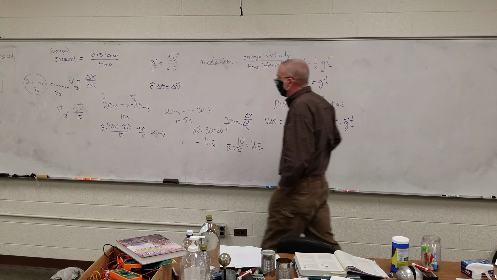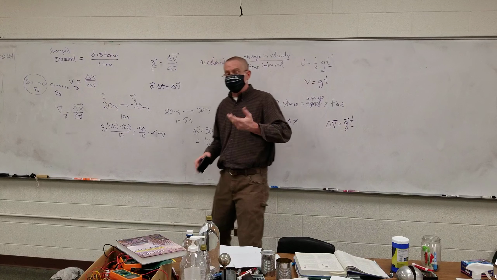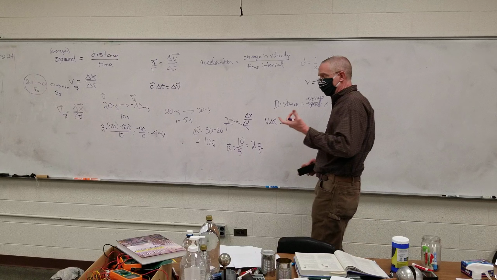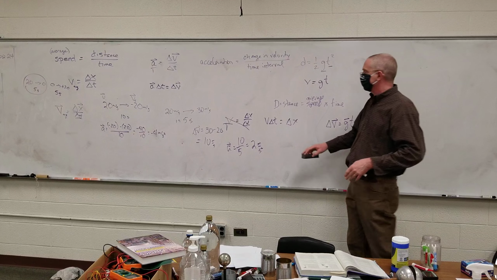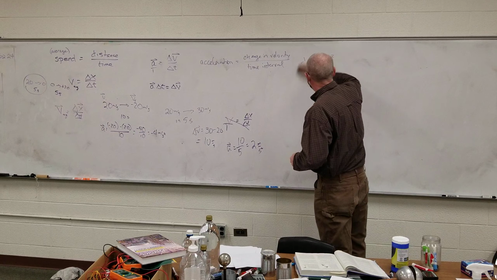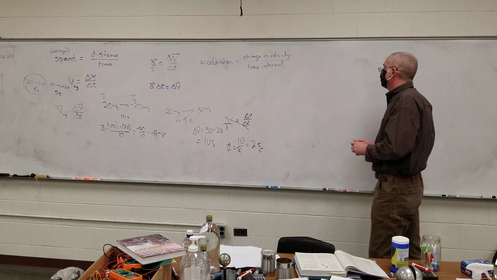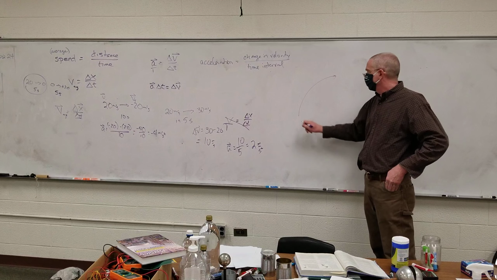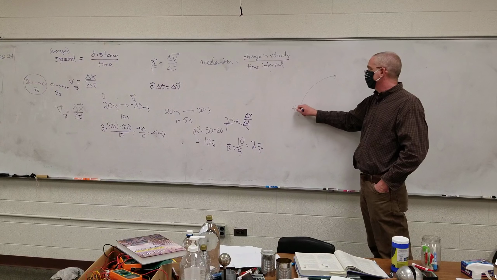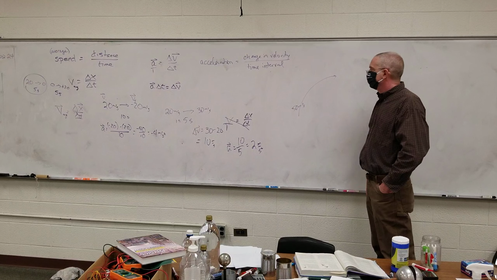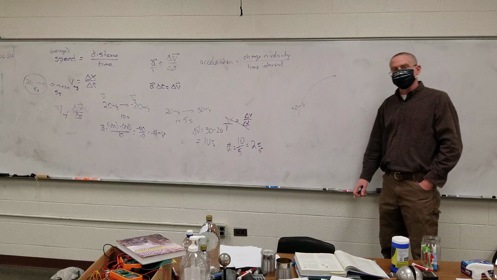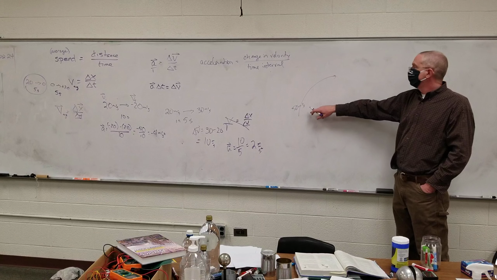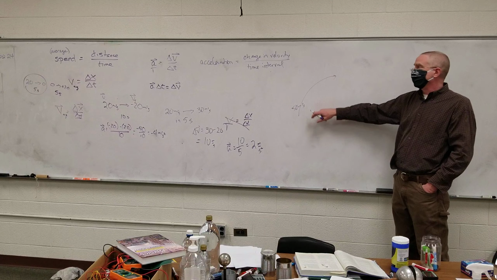An example where scalar and vector acceleration are different. This is the thing that kept popping into my head, and I was trying to avoid it because it's a chapter 8 thing. If I'm traveling around in a circle at a constant speed, so if I'm taking the curve at 50 meters per second, if you have good tires and it's a dry road, over 100 miles an hour.